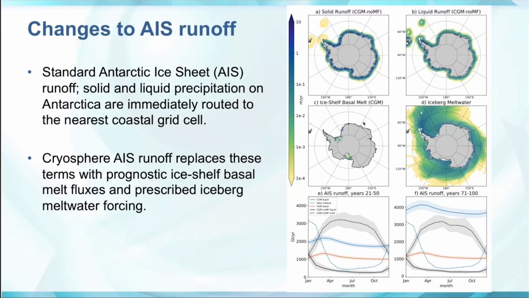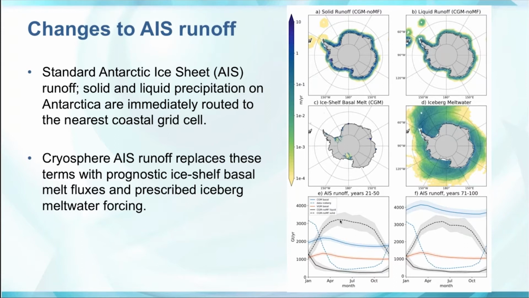And then in the bottom panels, I'm showing monthly climatology time series, and I'll just focus on this bottom left panel now to show the differences in the seasonal timing of the runoff. In the standard configuration, these black lines represent the magnitude of the liquid and solid runoff.